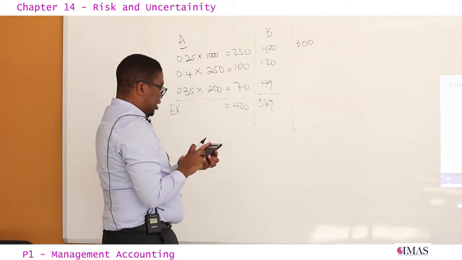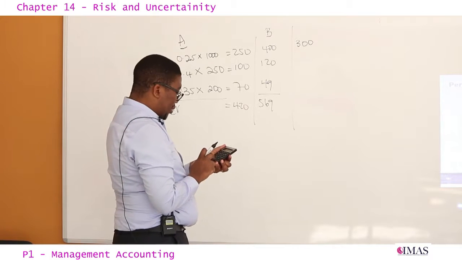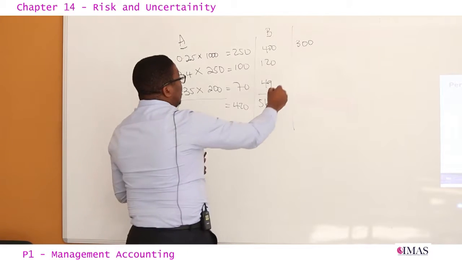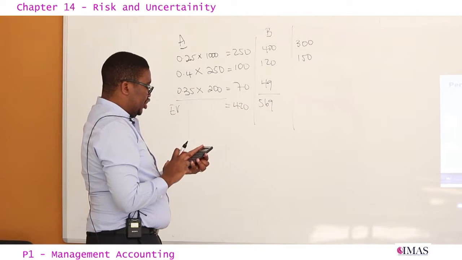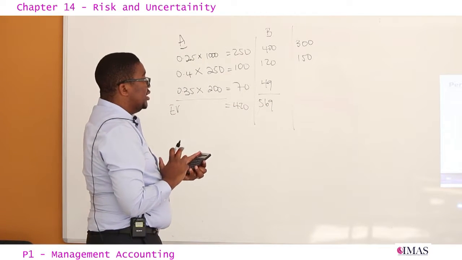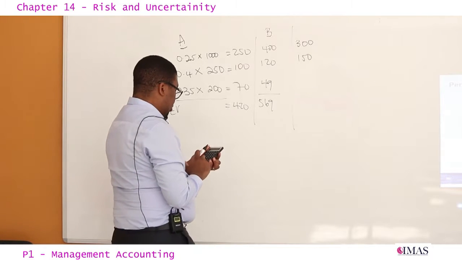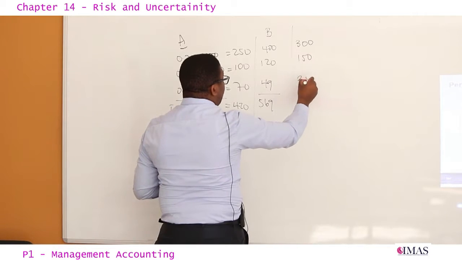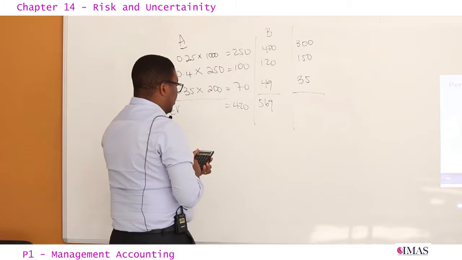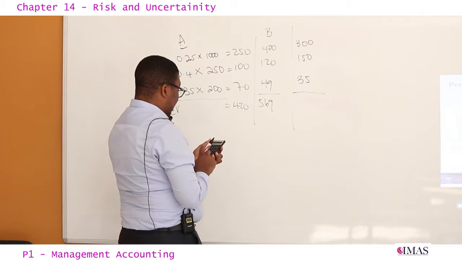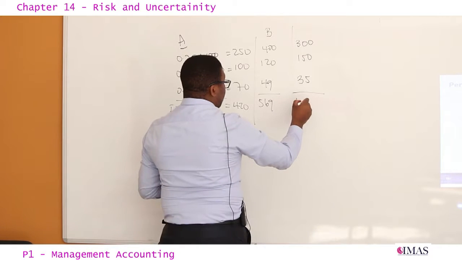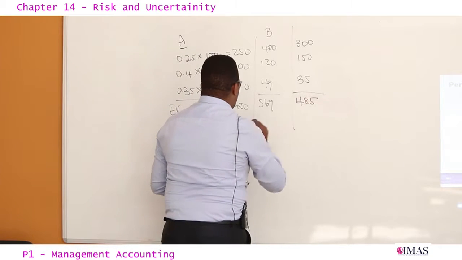There's also a 40% probability that consumer reaction will be 375. That is 150. And then there's a 35% probability that the reaction will be 100. That is 35. Therefore, you add all of them to calculate your expected value. 35 plus 150 plus 300. Therefore, the expected value is 485.